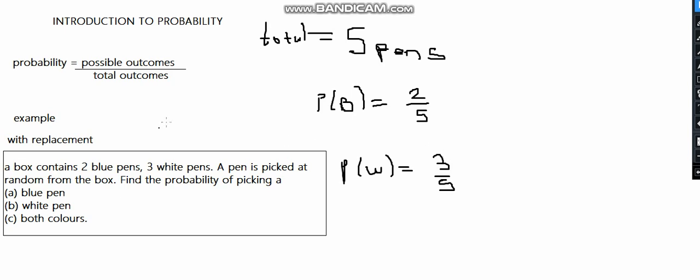Now, see both colors. In probability, both means multiplication. So when we say both colors, we mean the probability of blue and the probability of what? Of white. So put them together.